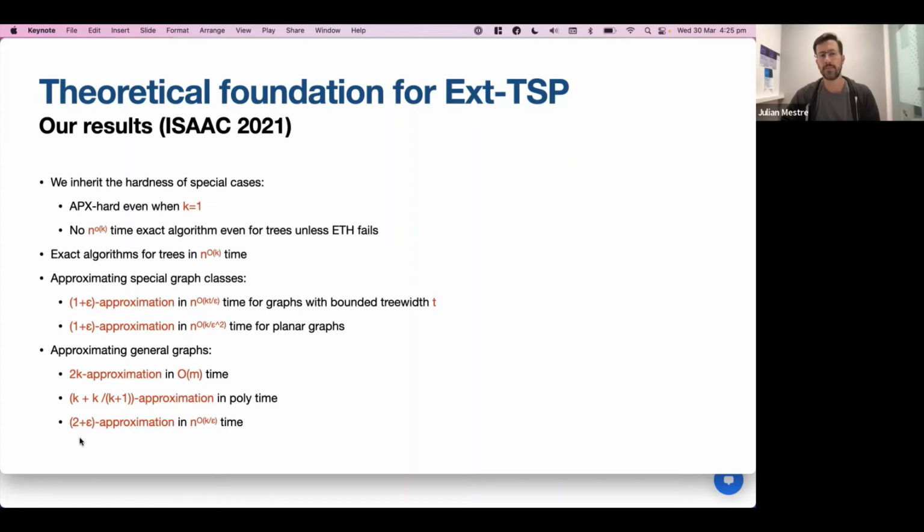And then a 2 plus epsilon approximation, and this one the running time is horrible. It's again n to the k over epsilon. That's pretty bad, but at least it shows that for fixed k and fixed epsilon there is a constant factor approximation.